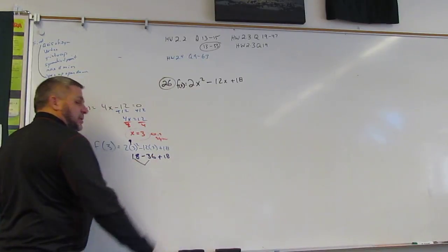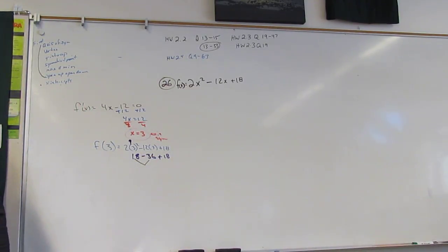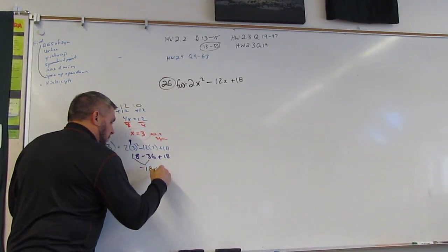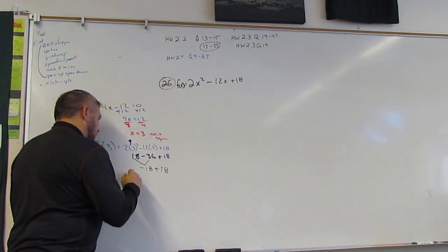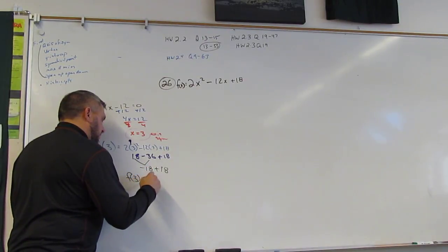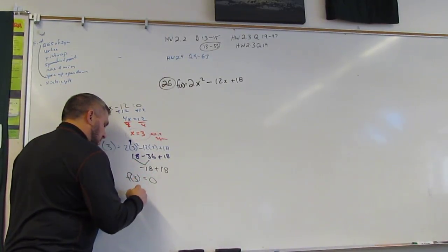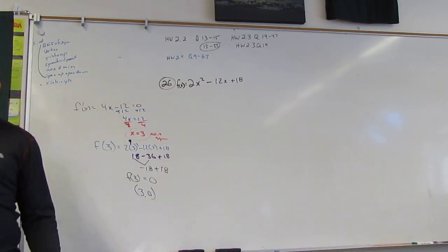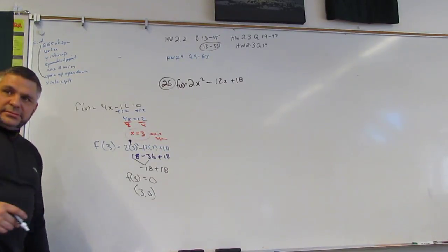Then we're on the right track. Minus 18 plus 18. What does that give me? f of 3 is equal to 0, right? And so 3 and 0 is my vertex. Okay? 3 and 0 is my vertex.